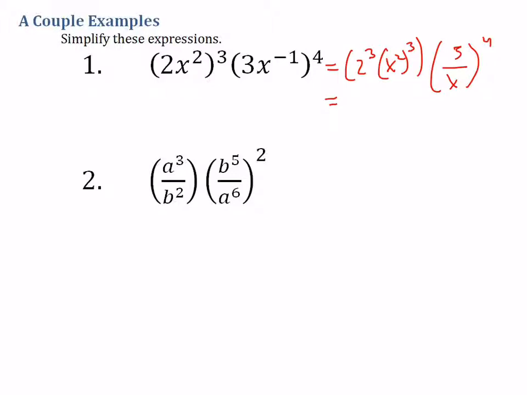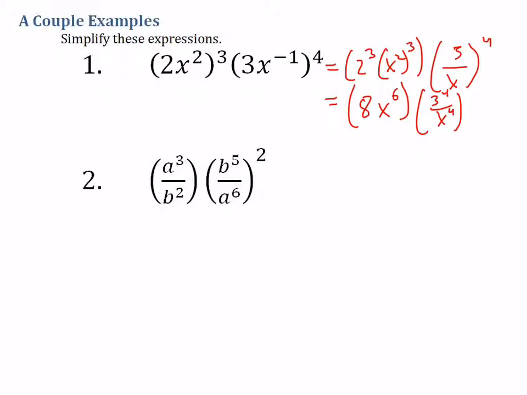We know this is 2 to the 3rd. That's 8. If you can figure something out, go ahead and figure out what it is exactly, because it's a number. X squared to the 3rd, well, that's x to the 6th. And here, this exponent 4, which one does it go on? It goes on both. So we're going to apply it to both. 3 to the 4th over x to the 4th.